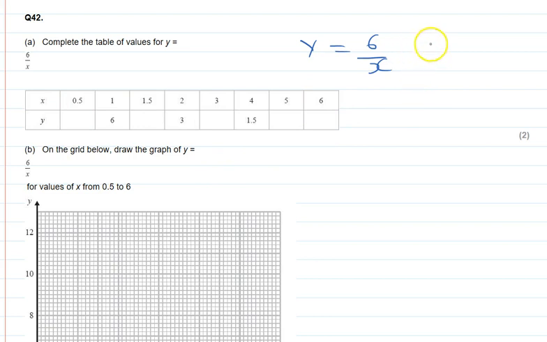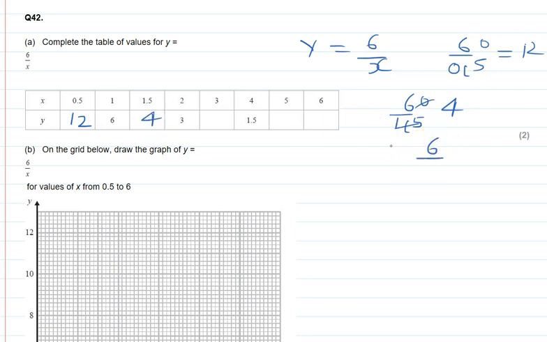So 6 divided by 0.5, so it will be 60 divided by 5, that is 12. So this number will be 12. Okay, now here is 1.5, so 6 divided by 1.5, it will be 4.